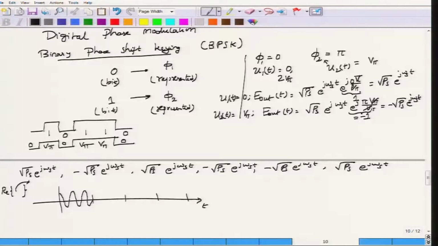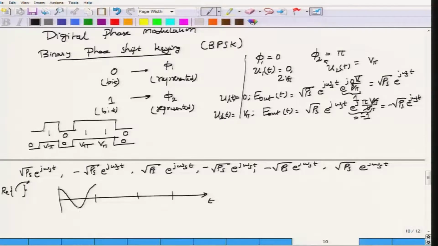I have 1, I have 2, then I should actually have one more here, because the number of cycles here must be an integral multiple. So, I have to be a little careful while sketching. Let me assume for simplicity that I have only one sketch here. So, I have like this.